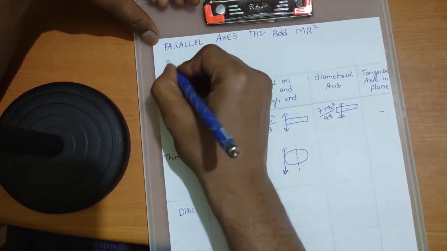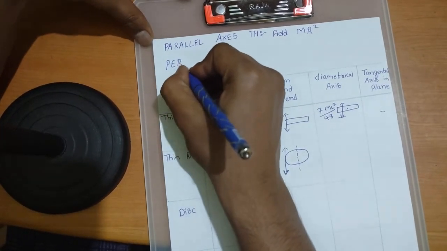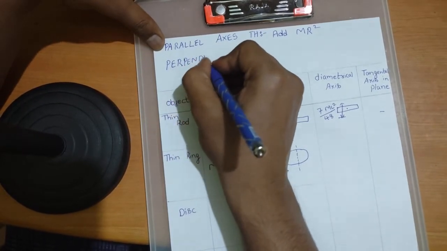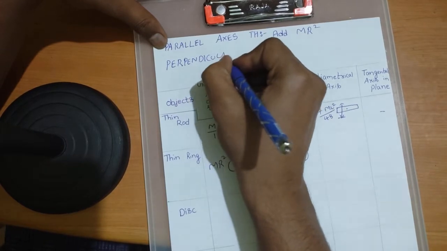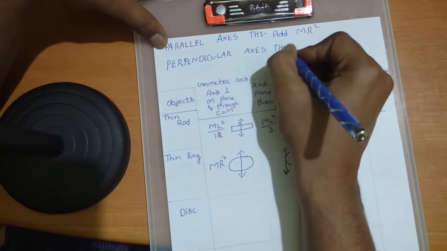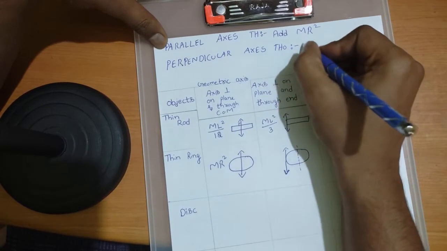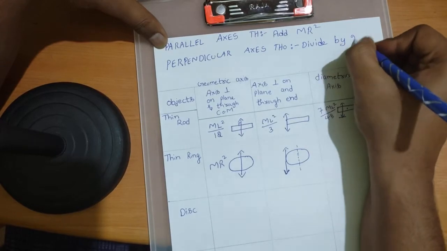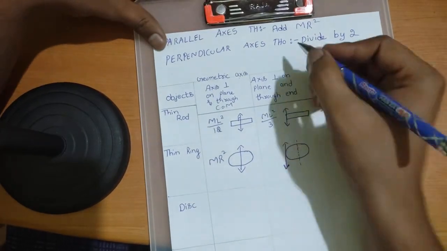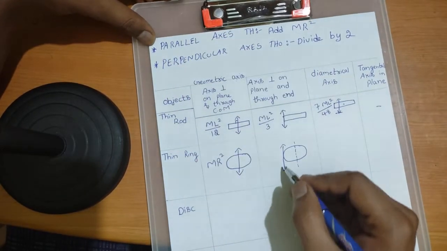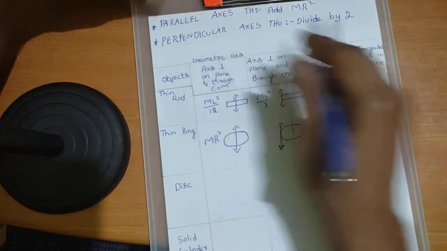And when you feel to apply the perpendicular axis theorem, just do a simple trick: divide by 2. These are the most important tricks while calculating the moment of inertia from the parallel axis theorem and perpendicular axis theorem.